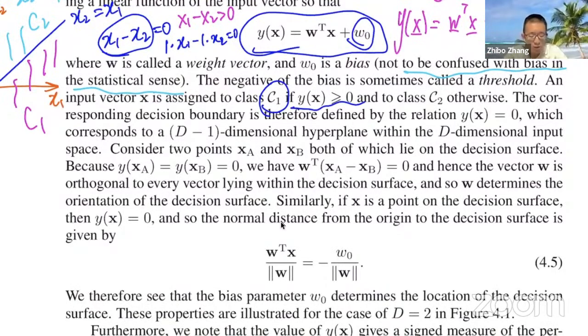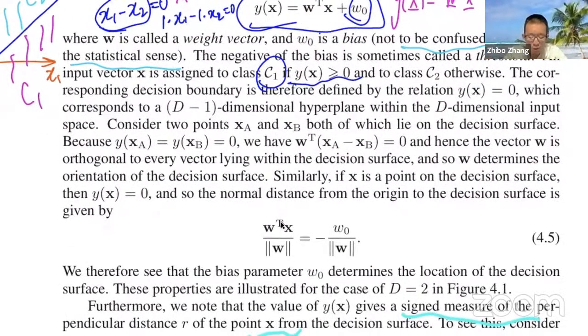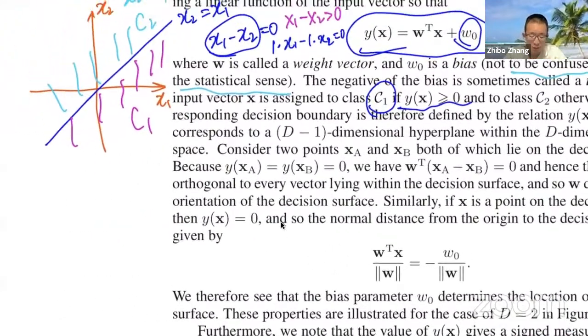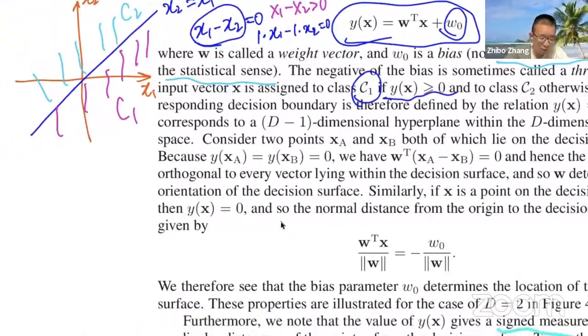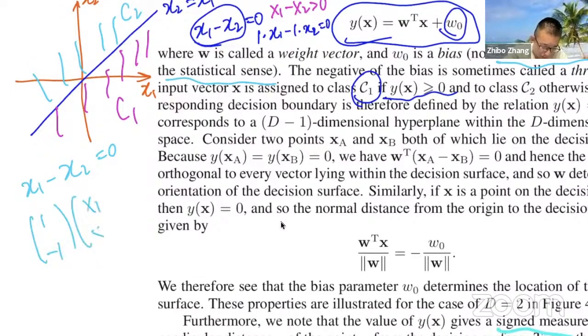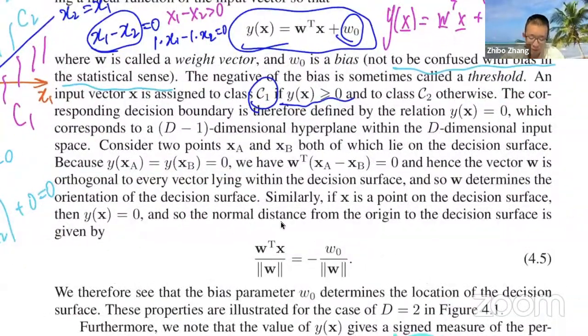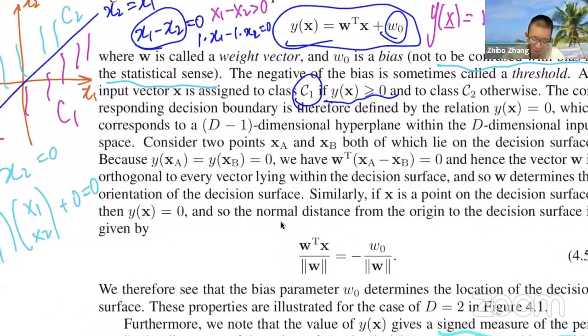The corresponding decision boundary is therefore defined by the relation we see here. In the scalar form, it's X1 minus X2 equals 0. In the vector form, it's 1 minus 1, X1, X2 plus 0 equals 0. That's the decision boundary.